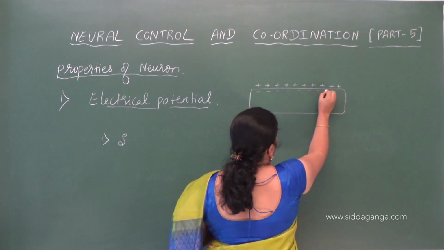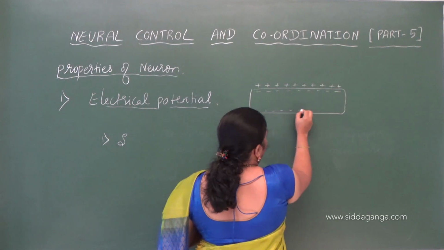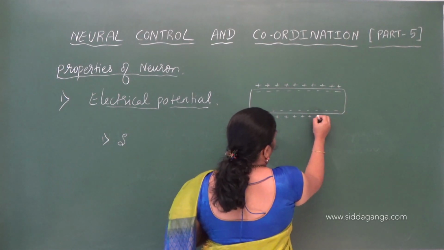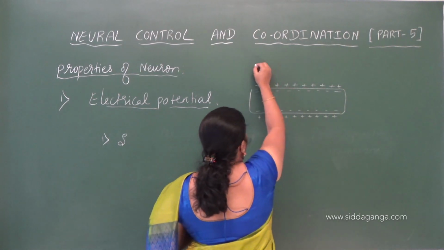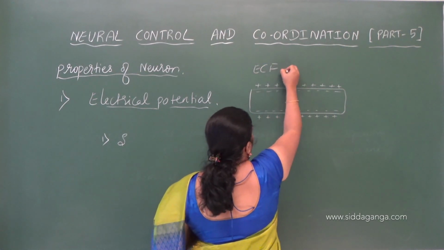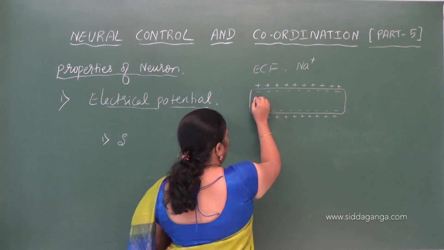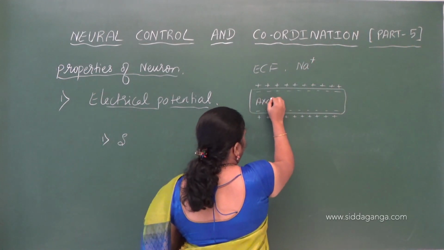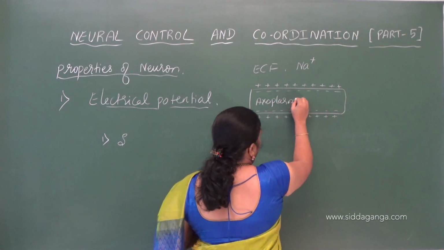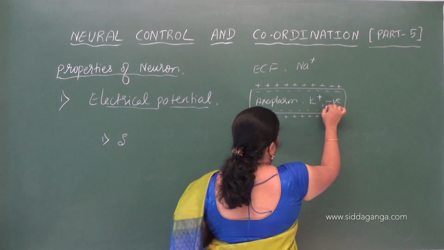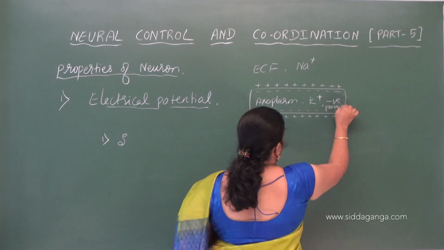The fluid present outside the nerve cell, the extracellular fluid, is rich in sodium ions, whereas the axoplasm is rich in potassium and negatively charged protein molecules.